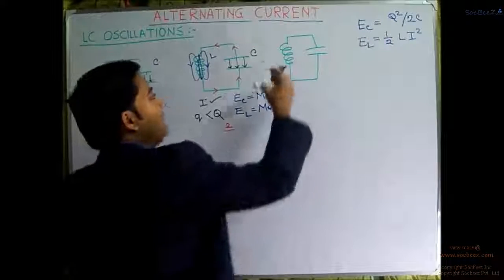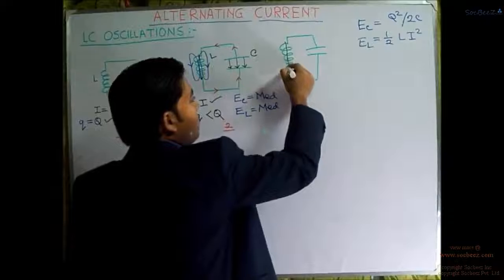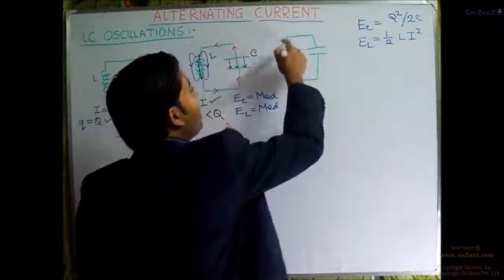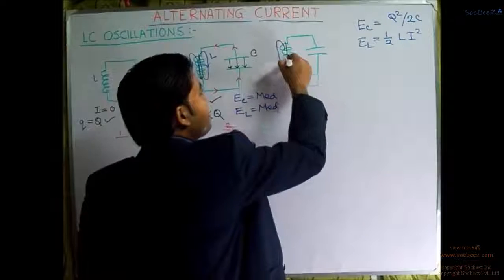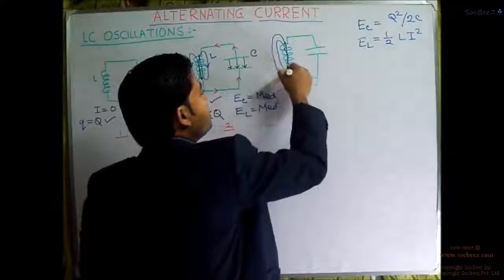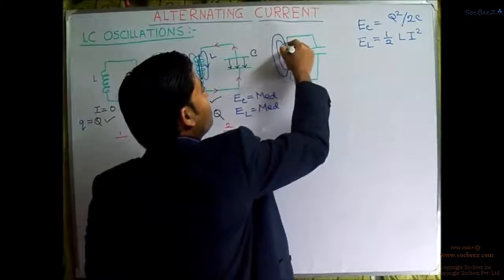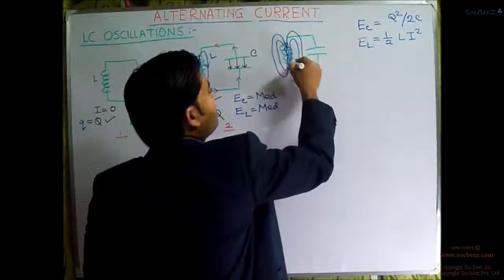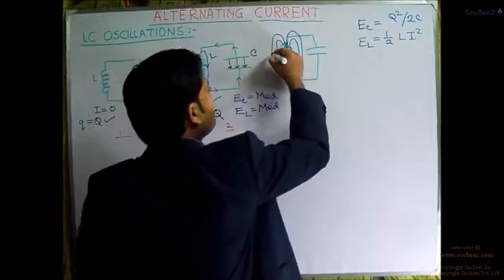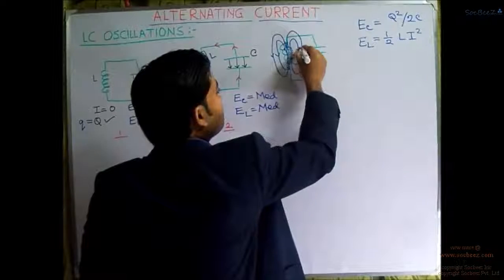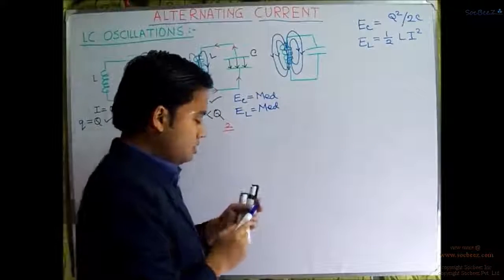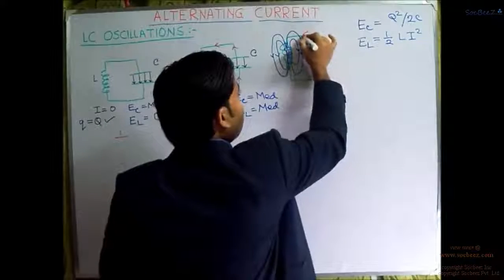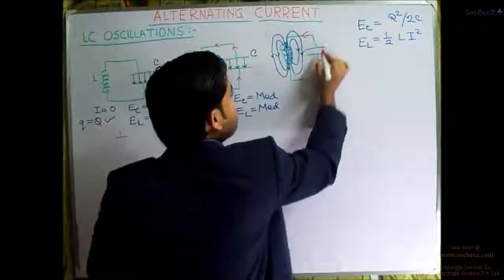So by self-inductance, the scenario at the inductor will be like this, because the alternating current is now flowing like this.